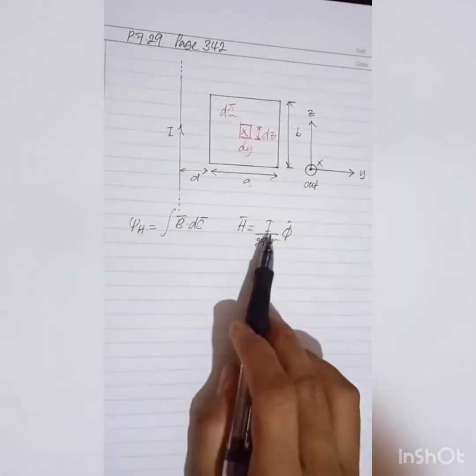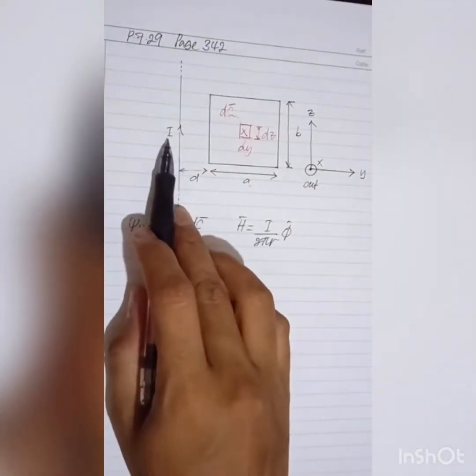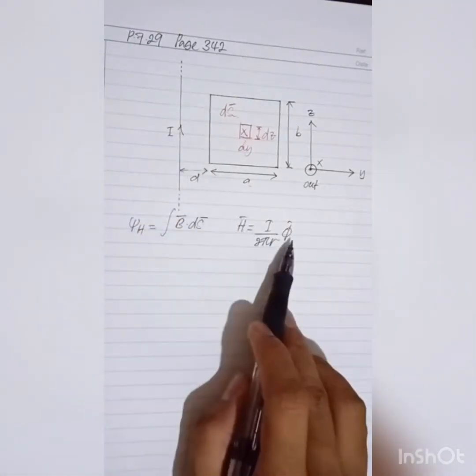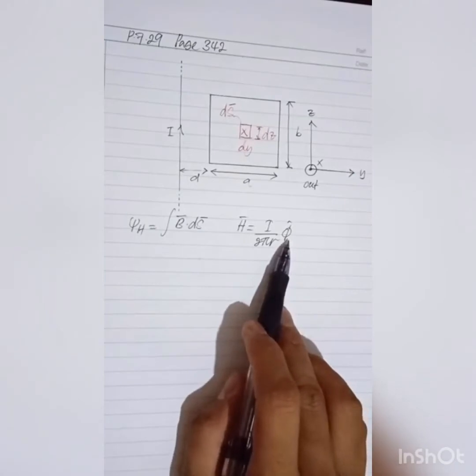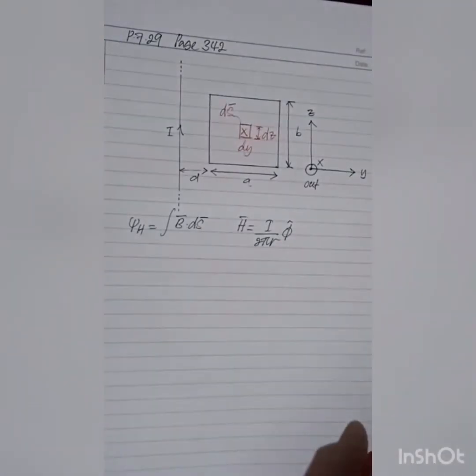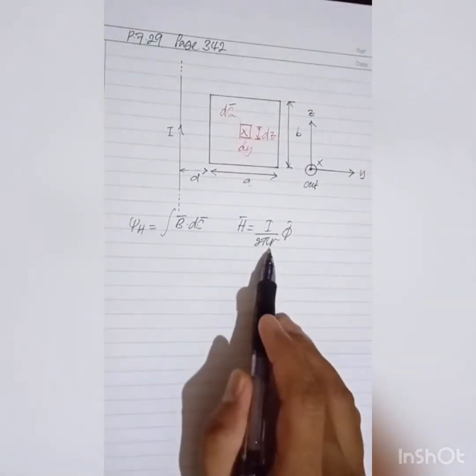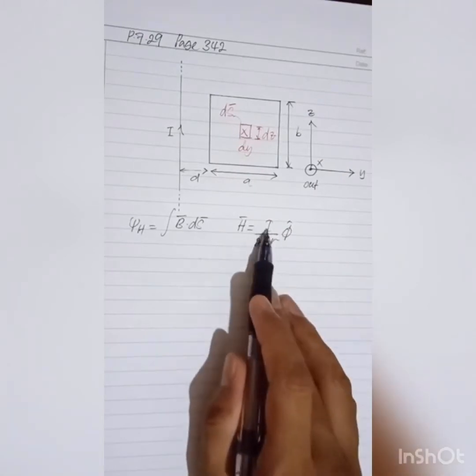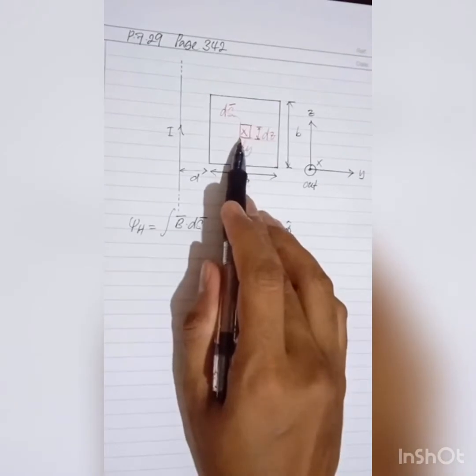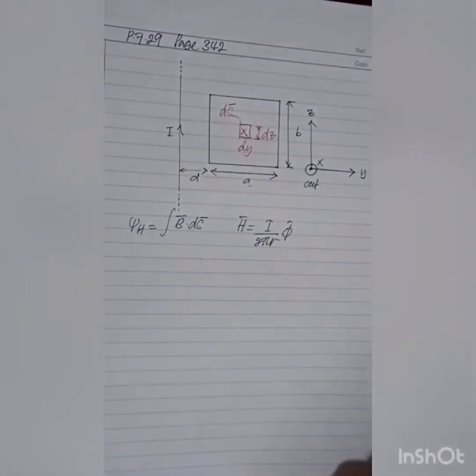Since the I is flowing in positive z, by the right-hand rule the H field must be in the positive phi direction, which is counterclockwise. The r here is the distance measured perpendicularly from the current to the point of interest.